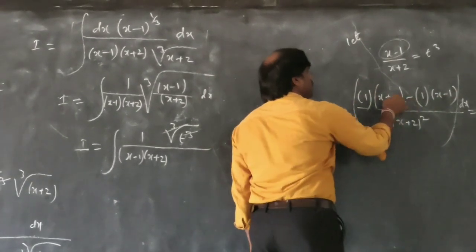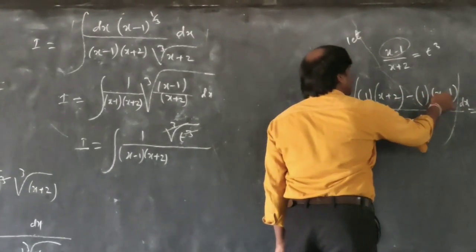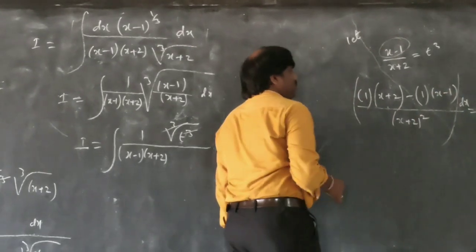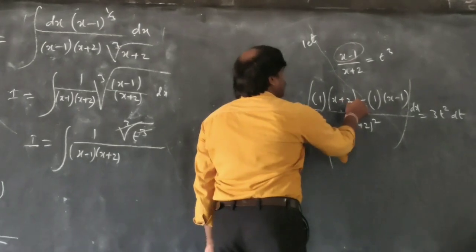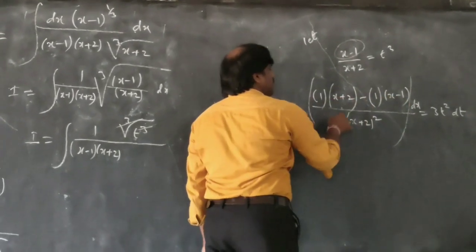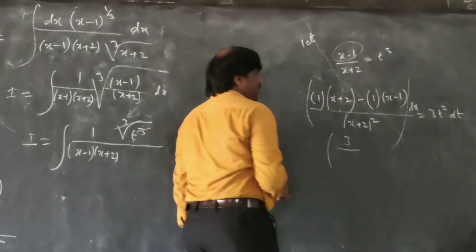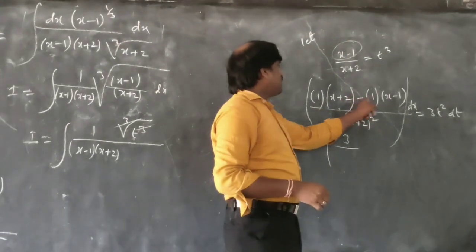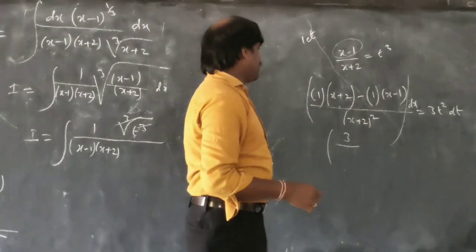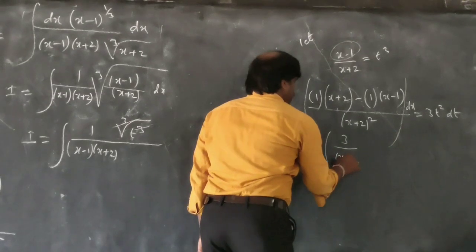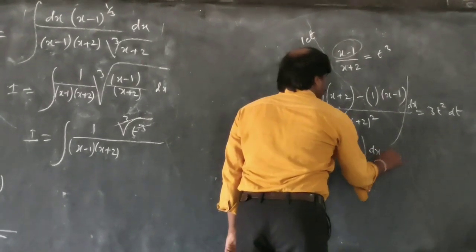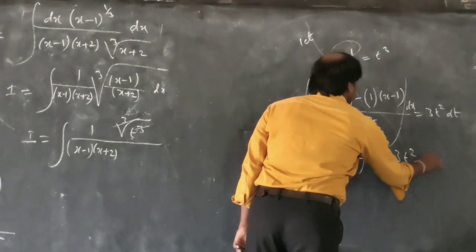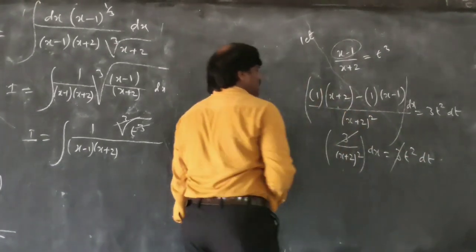So what is becoming on the top? x plus 2 minus x. I think you are getting on the top: x plus 2 minus x cancel, and I think you are getting 3, right? Minus into minus is plus 1, but you are getting 3 upon (x plus 2) whole square equal to 3t square dt, and 3 gets cancelled.